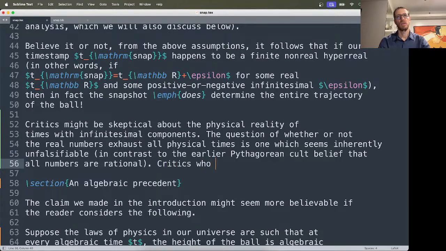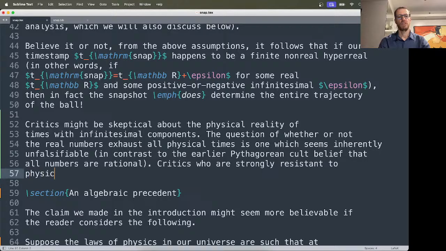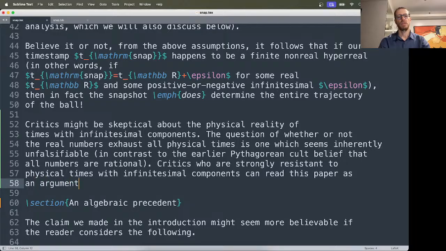Critics who are strongly resistant to physical times with infinitesimal components can read this paper as an argument against such times.